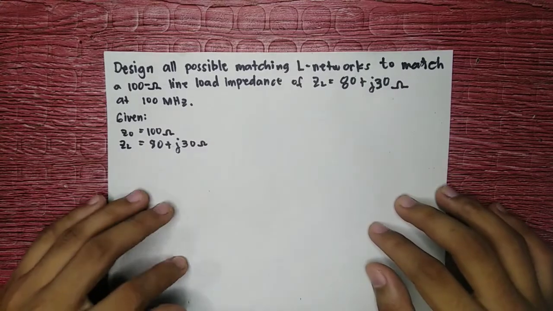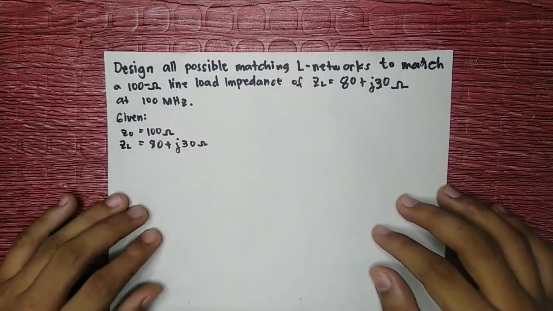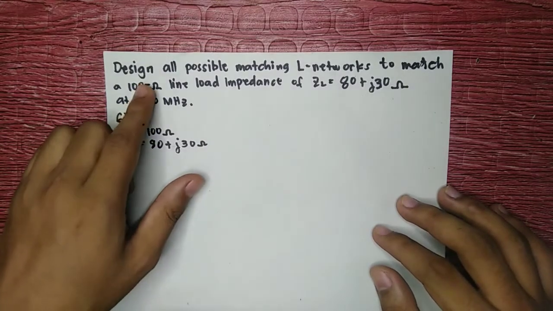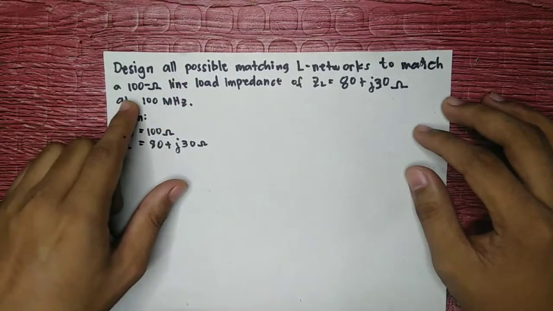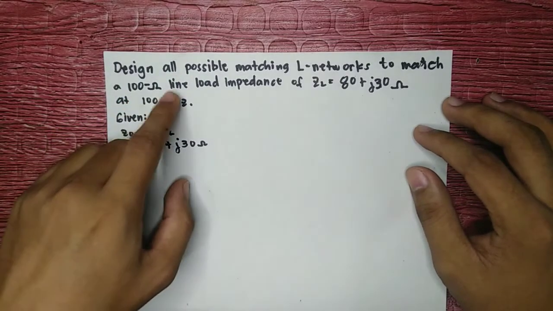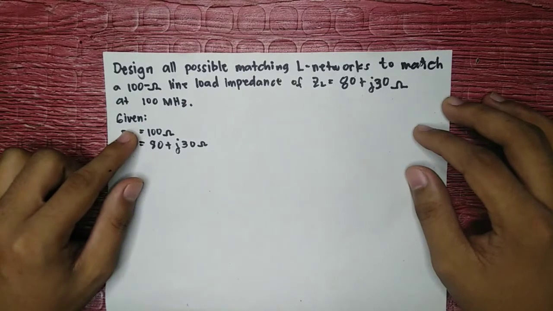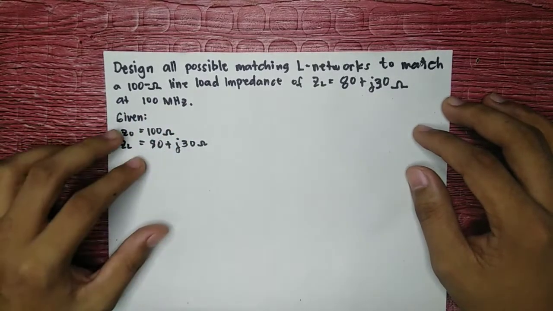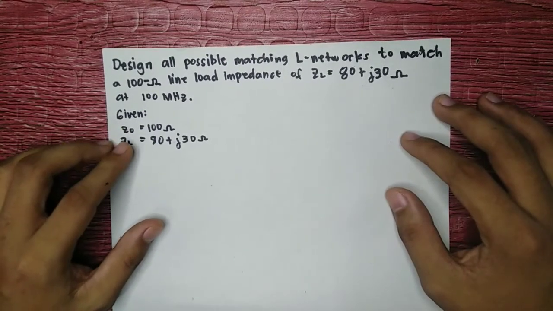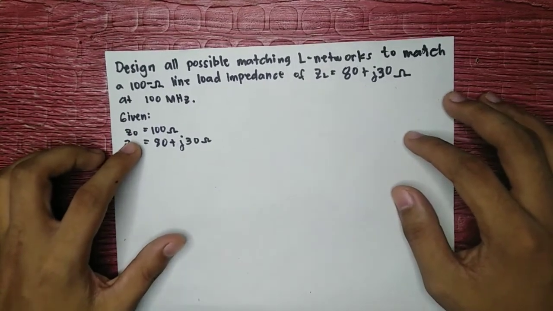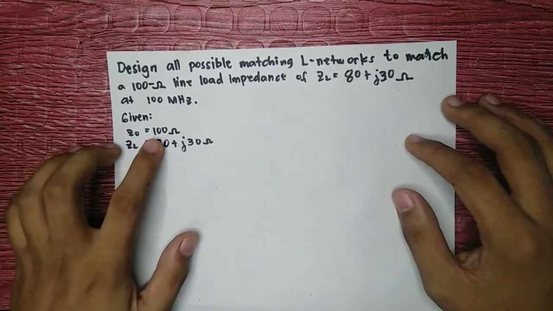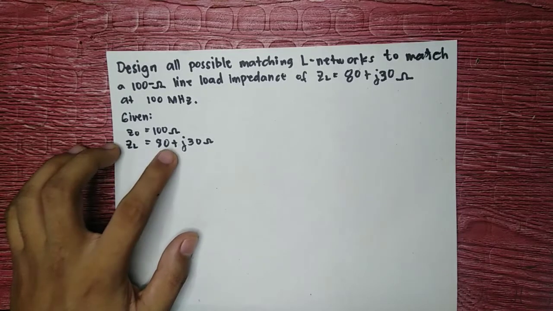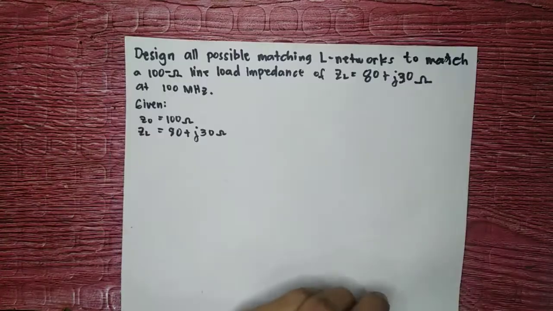So here we have a sample problem. Design all possible matching L networks to match a 100 ohm line to a load impedance of ZL equals 80 plus j30 ohms at 100 megahertz. So given ZO equals 100 ohms, ZL is 80 plus j30 ohms.